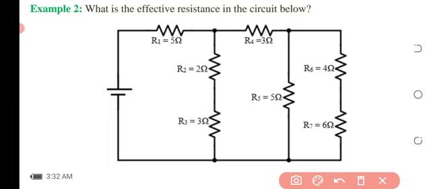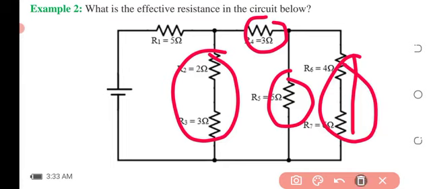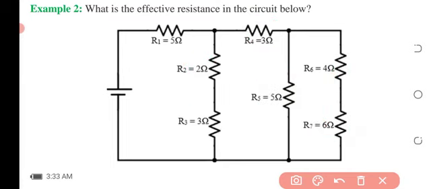And also across this loop we have resistance R6 and R7 in series, so we can add the values together and we have 10 ohms. But this loop, this and this, they are parallel to one another, so we are going to consider the parallel relationship here.